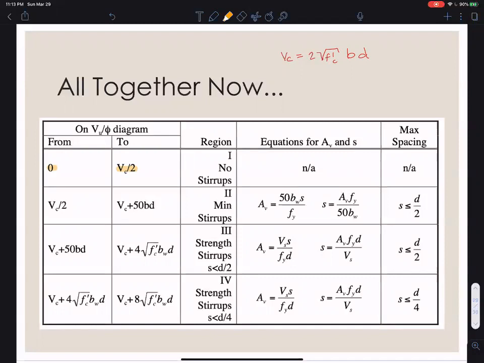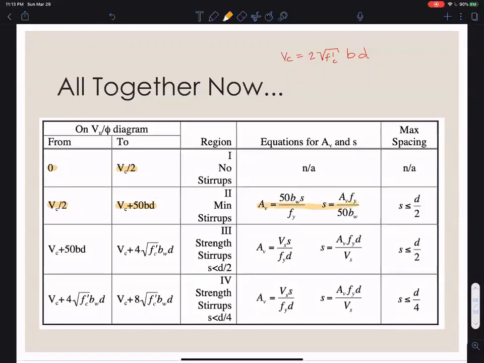Okay. Now this chart, anywhere from 0 to Vc over 2 on your chart, you don't need stirrups. And again, I don't recommend this. I recommend that you put minimum stirrups everywhere. Next, anywhere from Vc over 2 to Vc plus 50 b d. Remember, if you put Av minimum into the Vs equation, it ended up being 50 times b d. So anywhere on your shear diagram from Vc over 2 to Vc plus 50 b d, you're going to use minimum stirrups.